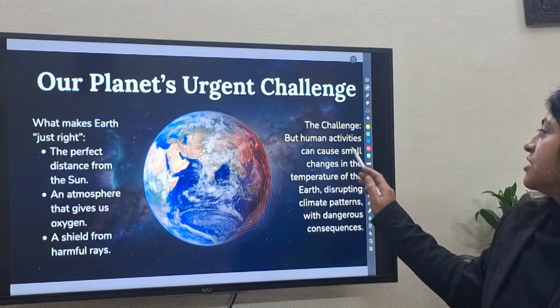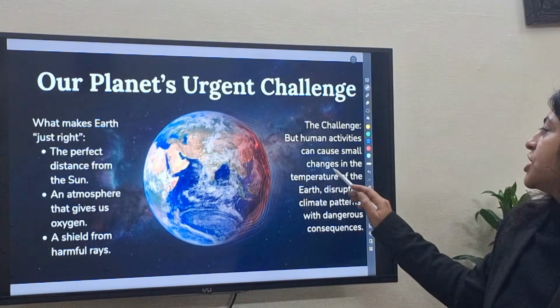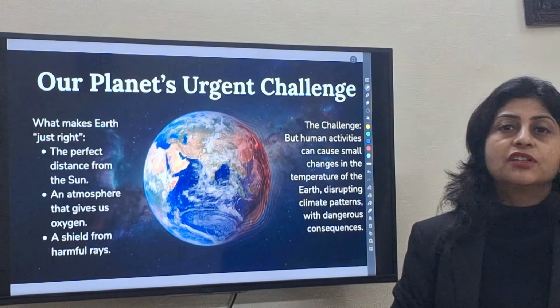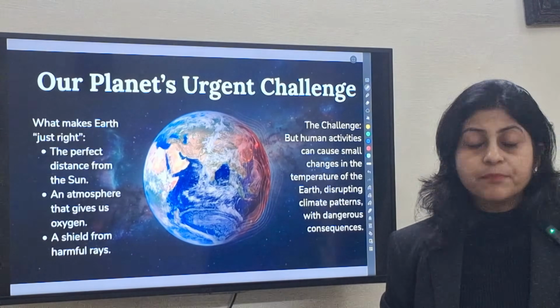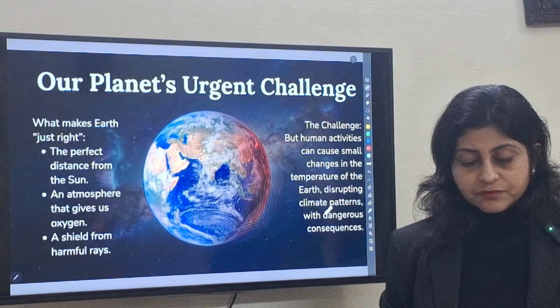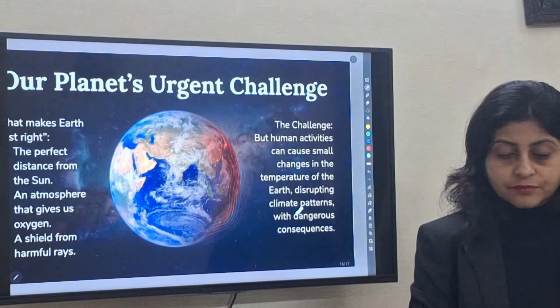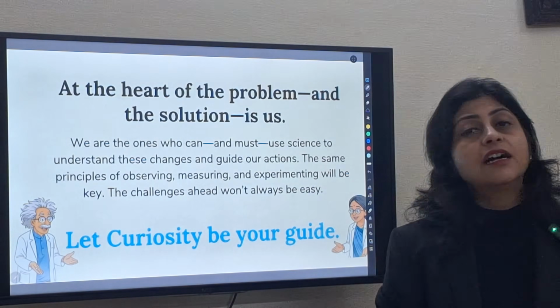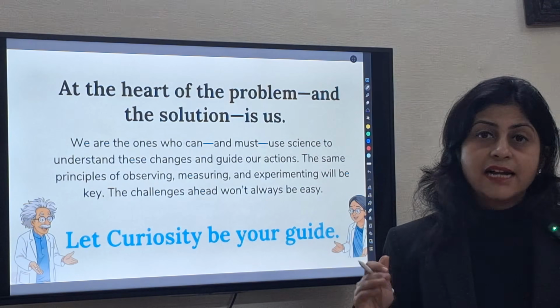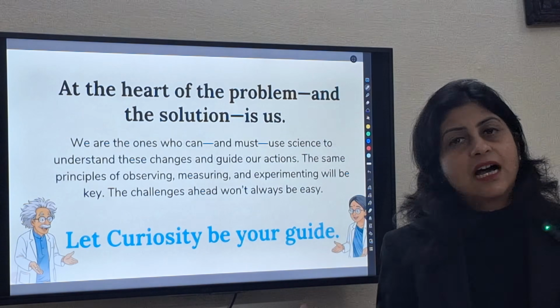But human activities can cause small changes in the temperatures of the Earth, disrupting climatic patterns with dangerous consequences. At the heart of the problem and the solution is us.